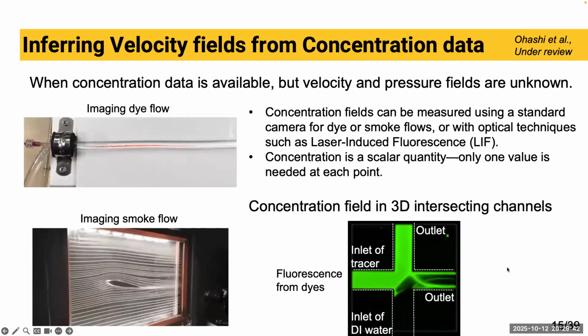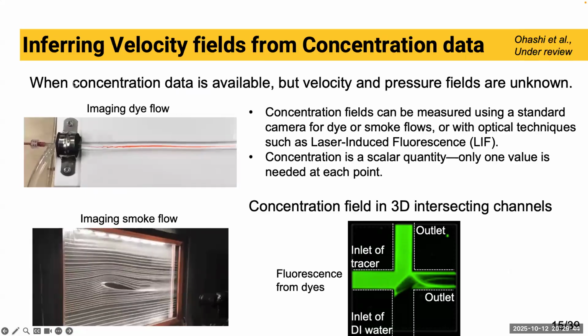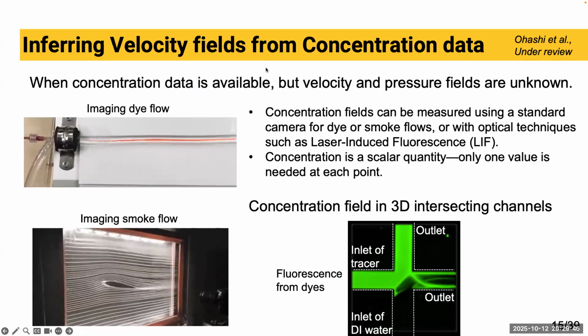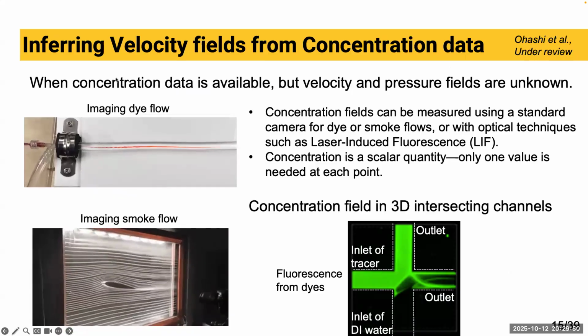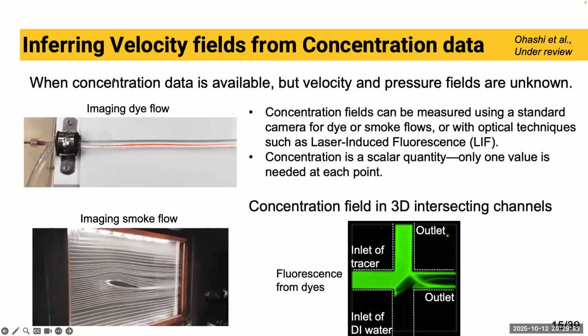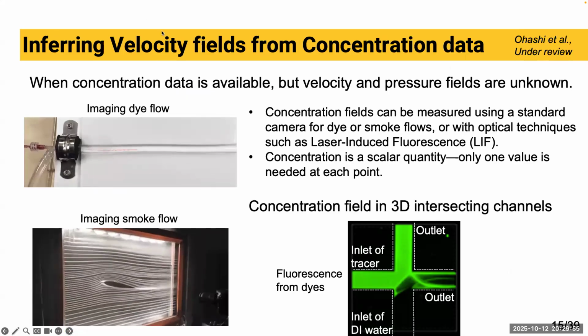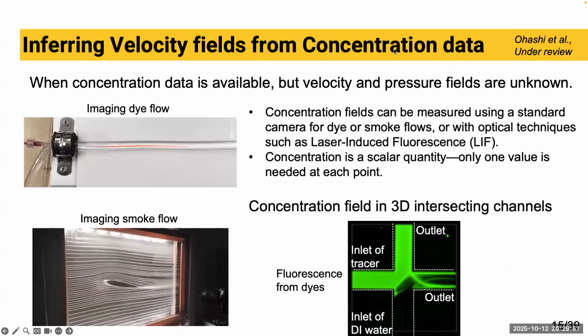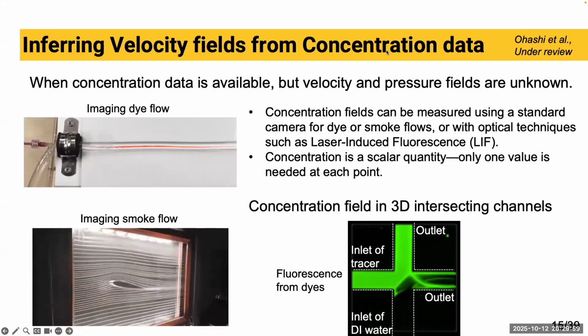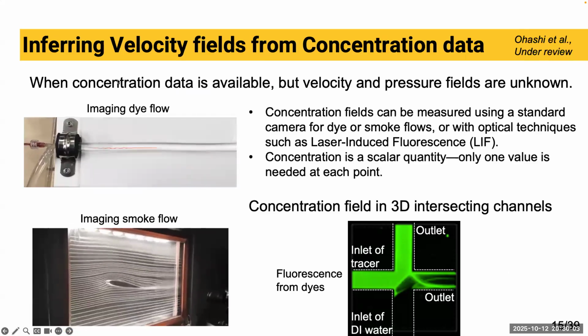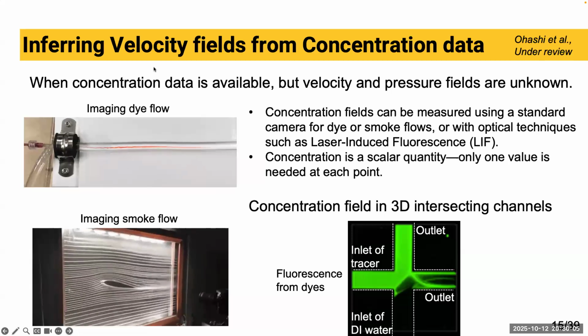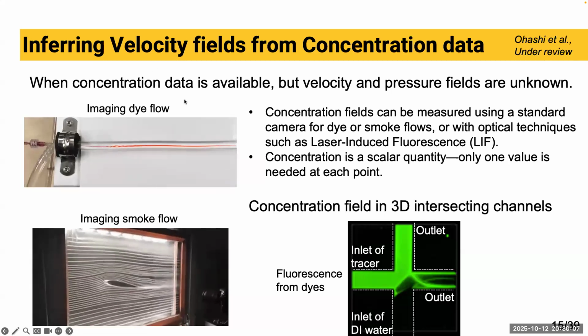And in our recent work, we now use PINNs to infer velocity fields from concentration data. In most laboratories, measuring concentration is even easier than measuring temperature, because for measuring concentration, you only need a high-speed camera.